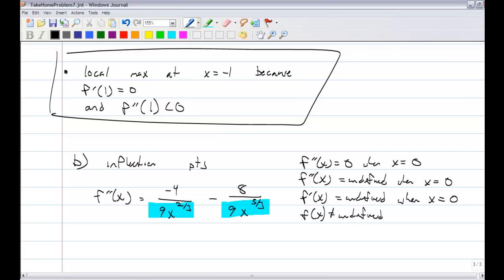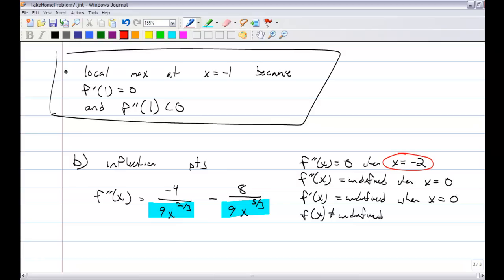So we've got our interval separators here, and let's see, f double prime of x equals 0. I wrote this wrong. F double prime of x equals 0 when x equals negative 2. I don't know why I wrote that. Okay, I just corrected that right there.